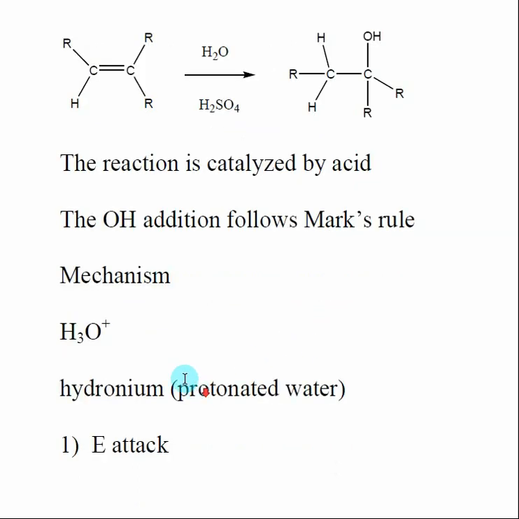So when we look at the mechanism, you need to realize, and we talked about this in 115B, that when we acidify water, really it's not H+ floating around, really it's hydronium. So H3O+ is our acidic species. When we add H2SO4 in water, the acidic part is going to be hydronium, and we're going to show that inside of our mechanism. So the first step is still electrophilic attack.